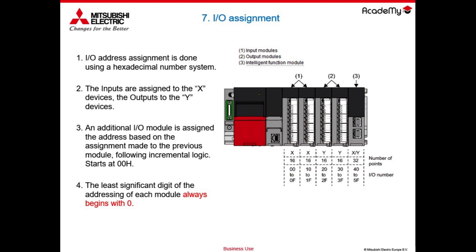We will use the Y0 memory if we have to write the first output, or YF if we have to interface with the 16th. The address is assigned to an I/O module based on the assignment to the previous module, and the least significant digit of the address of each module always starts with 0.